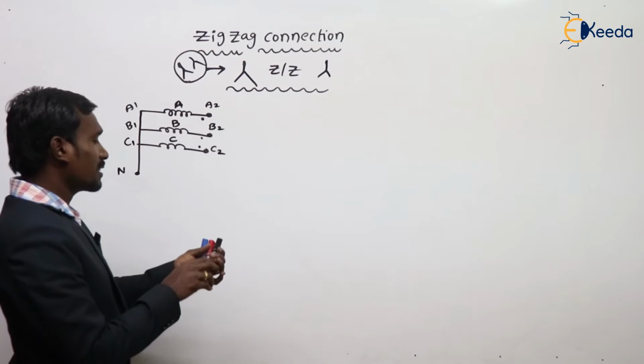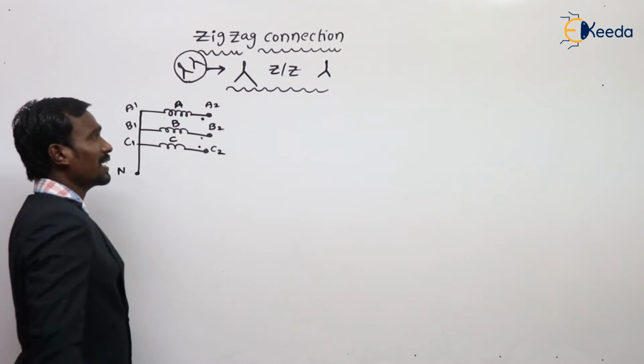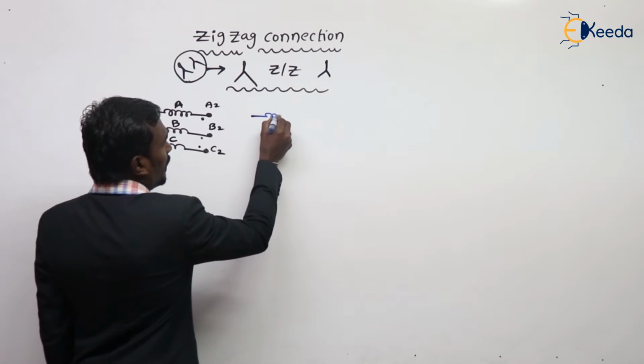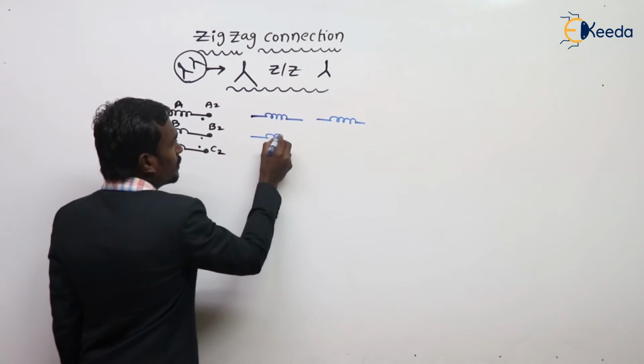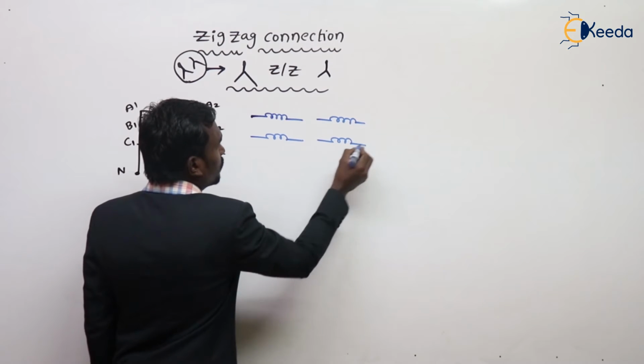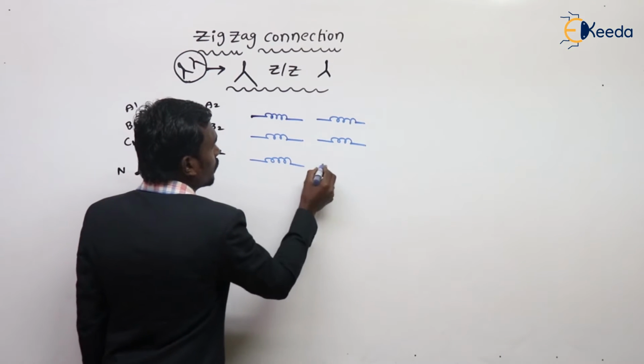And what about zigzag star connection? For zigzag star connection, take the winding here. We know this is divided into two parts for zigzag connections.